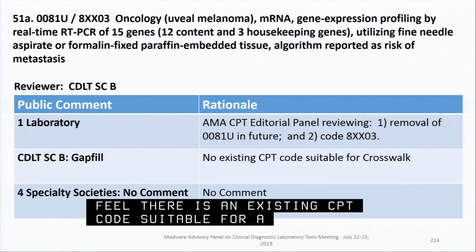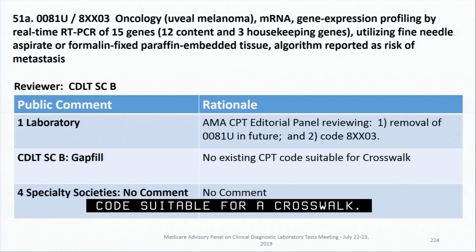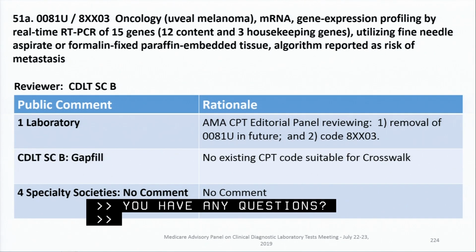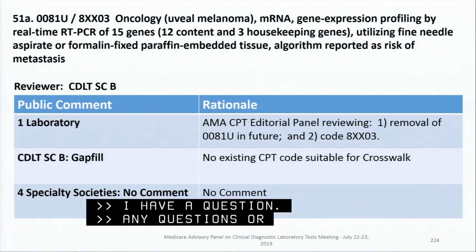Do you or Dr. Basowski have questions or comments for your peers here or for the owner of the lab? No questions. And no question. Thank you. Having said that, is Castle Biosciences here? No. So that option is not available. Any questions or comments from the folks here in the room regarding this code?